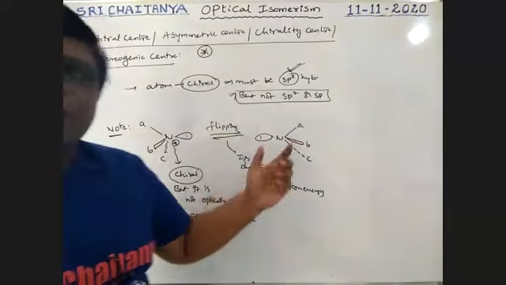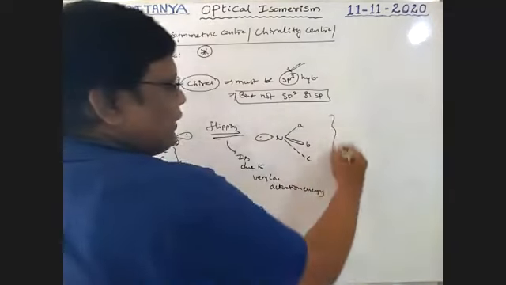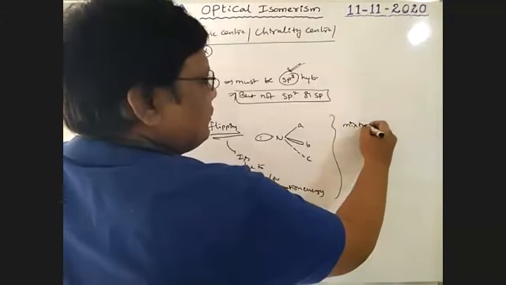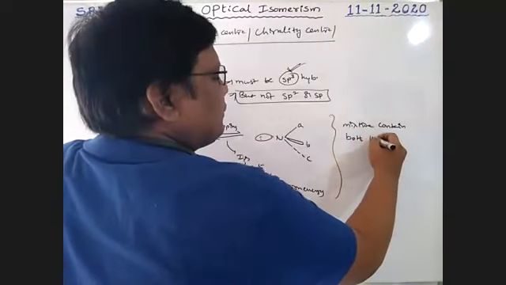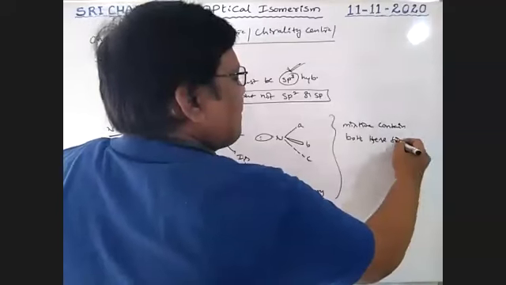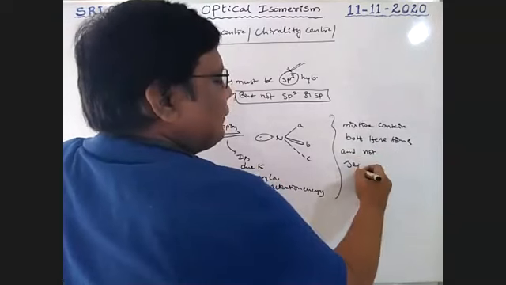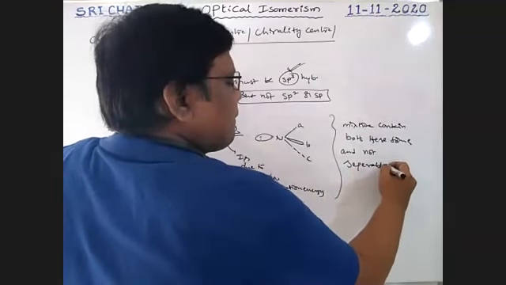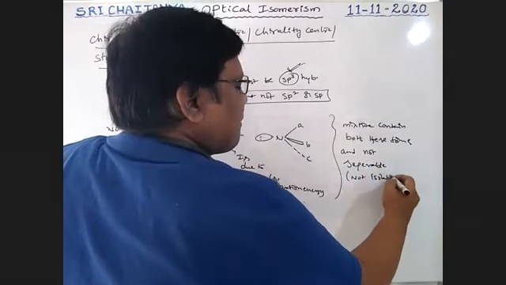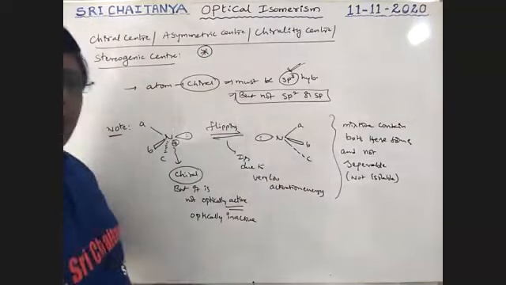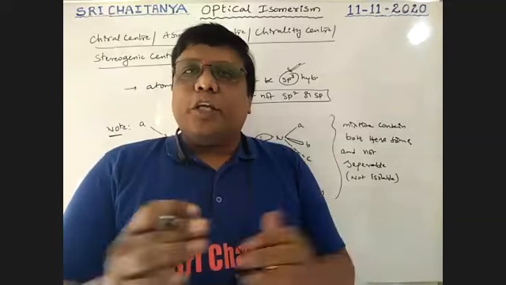That means this form and this form both exist. So the mixture contains both these forms and they are not separable, not isolable. These two forms are not easy to separate, boys.